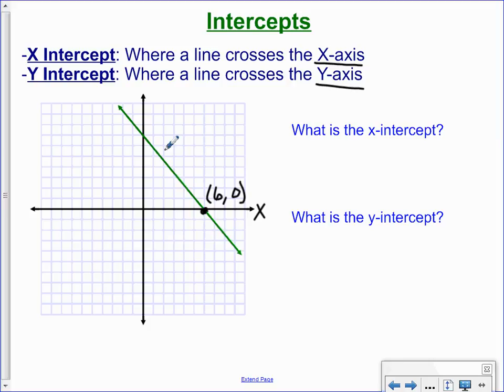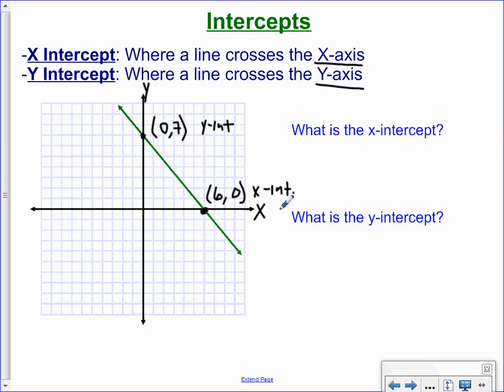The y-axis is the vertical axis, and the line crosses right here. If we count 1, 2, 3, 4, 5, 6, 7, the y-intercept is at 0, 7. This is the y-intercept. This is the x-intercept.